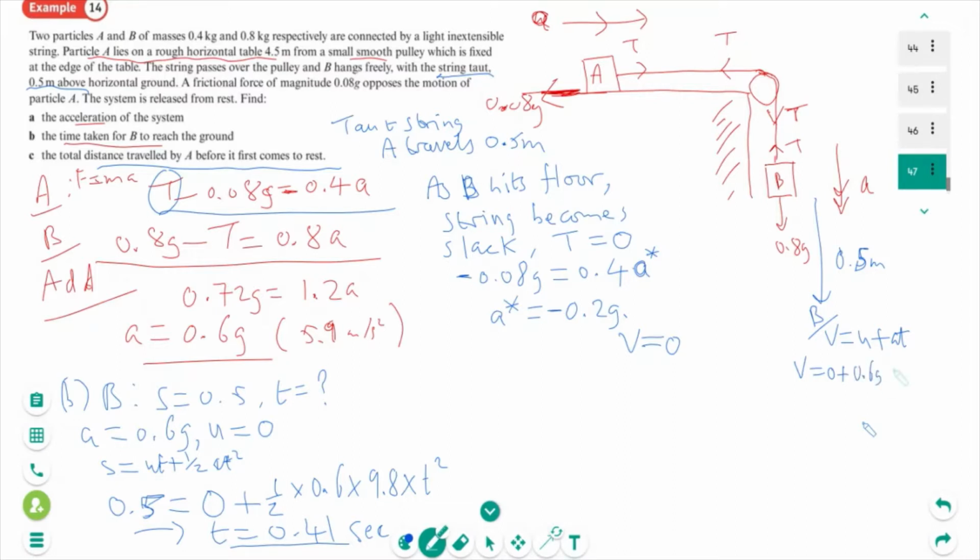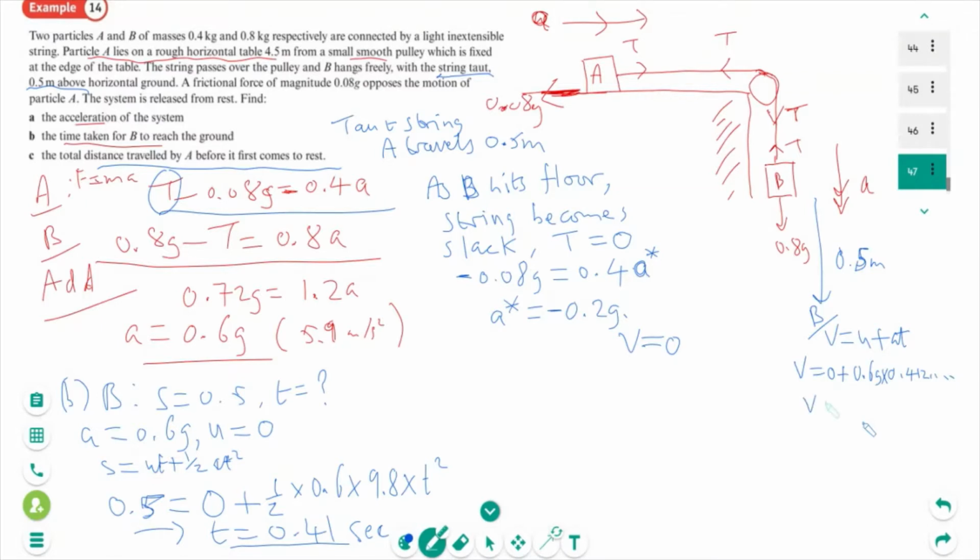And the time taken to reach the ground we already worked out from part B, 0.41. In the book, they use the more exact value, since 0.41 is the rounded value. They've used 0.412, so they've been more precise, with more digits.